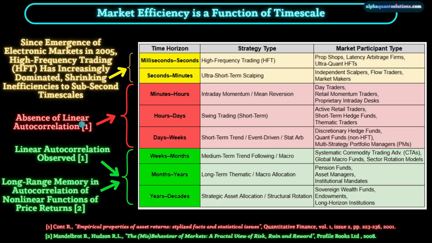However, this does not say anything about the absence or presence of nonlinear autocorrelation of price returns. So here it could very well be the case that there is autocorrelation of nonlinear metrics of price returns.